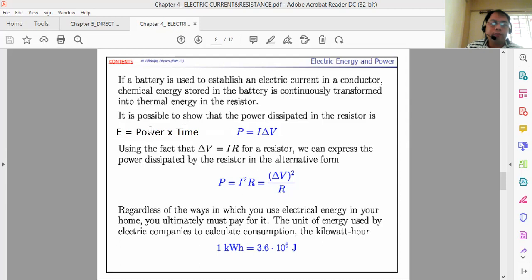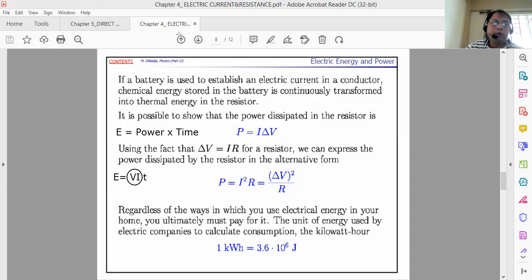Now, therefore, in that equation E, we write that as VIT, where T represents time. So time is for the letter T variable, and therefore V times I should by analogy be the value of power.